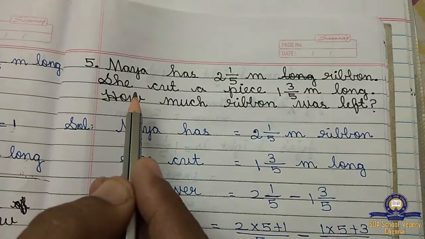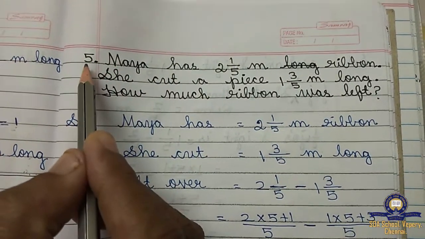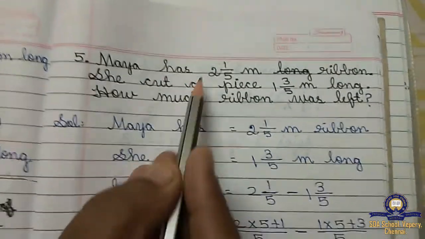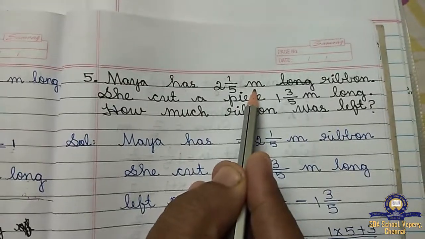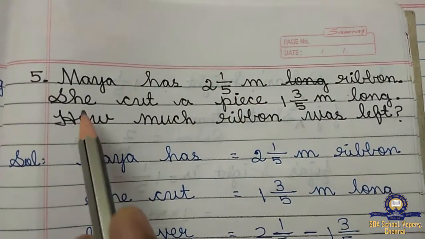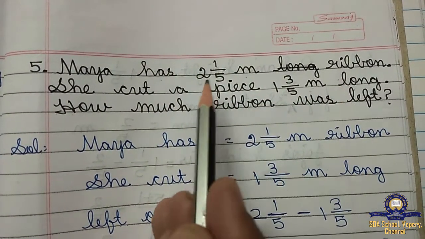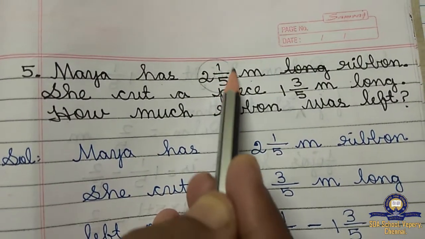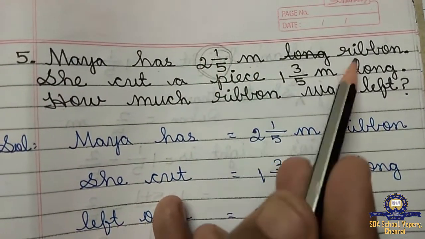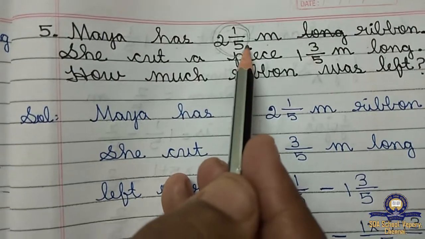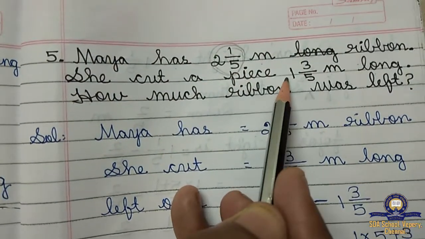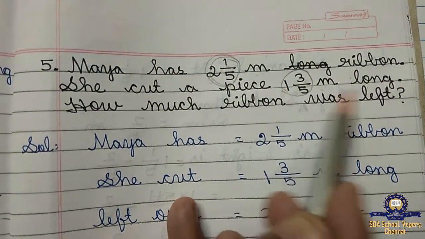Okay children? We'll move on to the next sum. Maya has two 1 by 5 meter ribbon. She cut a piece 3 by 5 meter long. See how much she had? She had two 1 by 5 meter ribbon. In that, how much has she cut? 3 by 5 meter long she has cut.